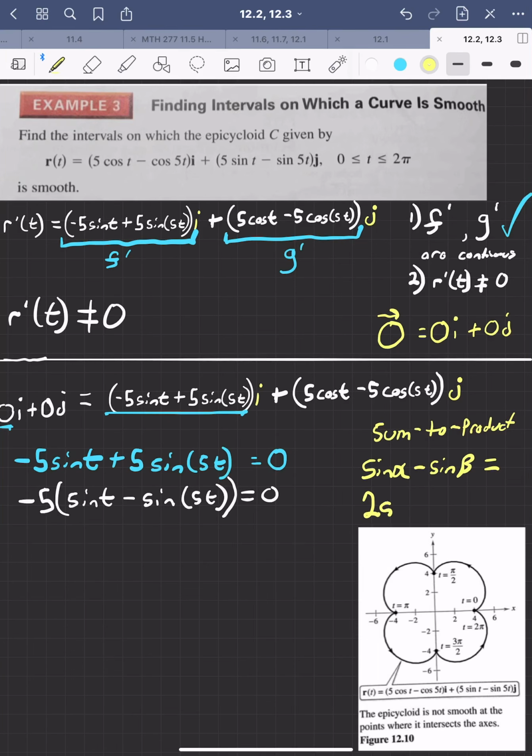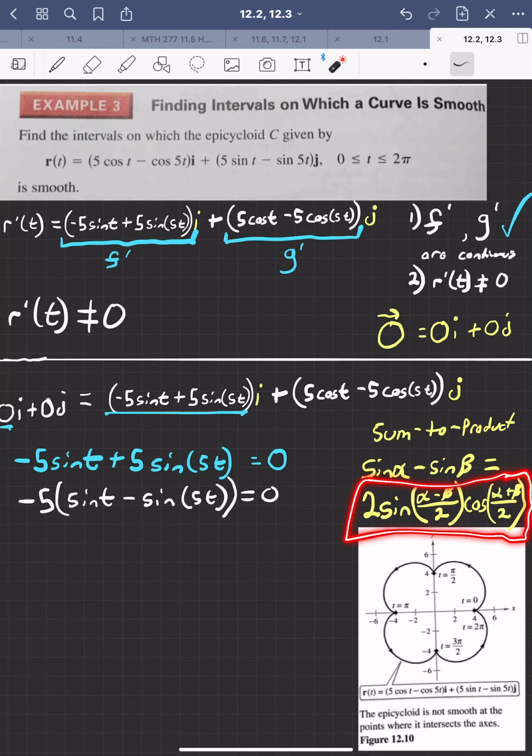2 sine of alpha minus beta over 2 times cosine of alpha plus beta over 2. Now, if this is a little bit unreadable, you can look up the sum to product formulas on the internet, or your formula sheets if you like.